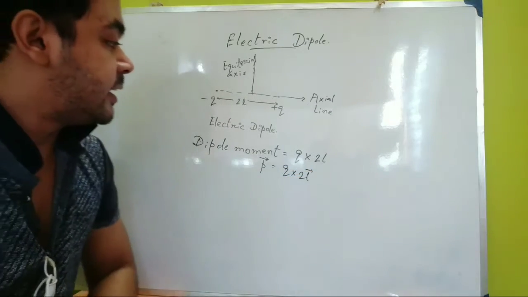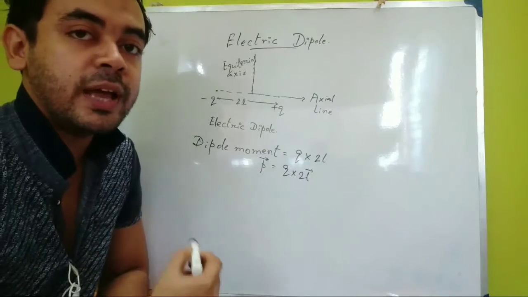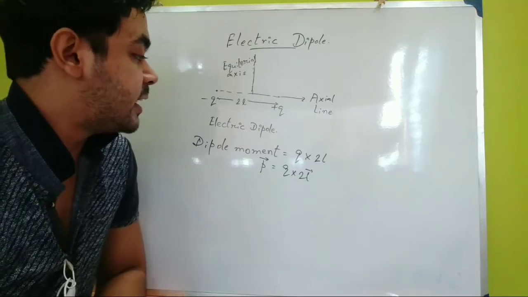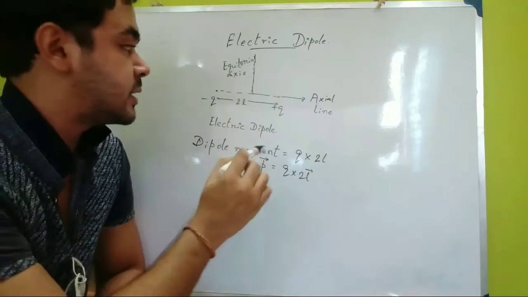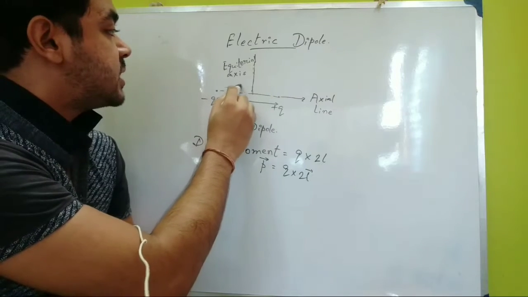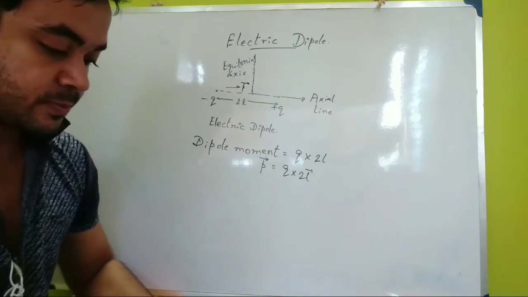Since dipole moment is a vector quantity, it will have a direction. The direction of the dipole moment is always from the negative charge to the positive charge.